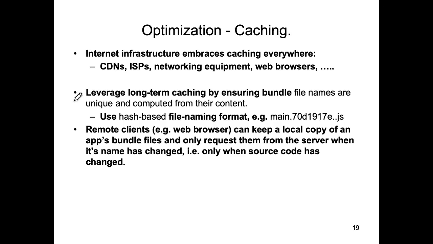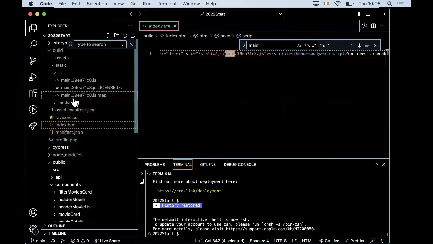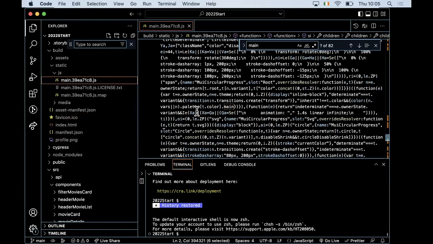And you saw that in VS Code. For example, this value here is the hash value that was computed by Webpack based on the actual specific contents of this file.